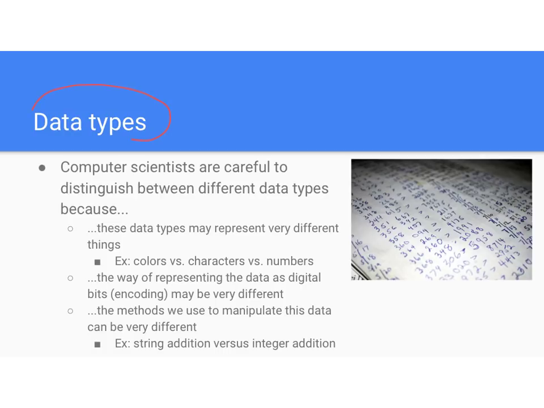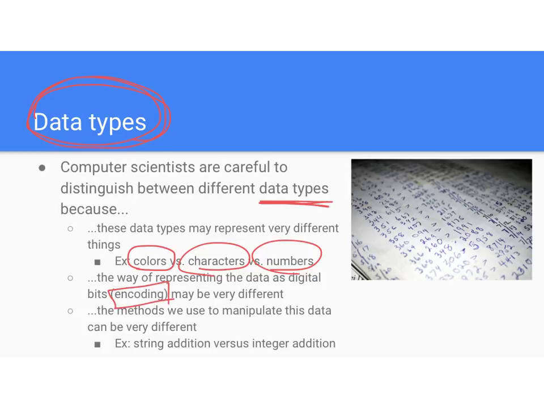With data types, it's really common for students to ask, why do we need to distinguish between different data types? It's all zeros and ones on the computer. What's the point of distinguishing between these different data types? The idea here is that data types might represent very different kinds of data, right? Colors and characters and numbers are all very different things. Therefore, we may have very different ways of representing that data as digital bits. They may have a different encoding.